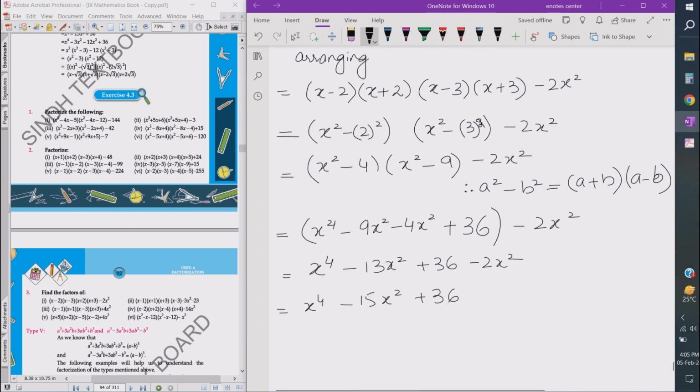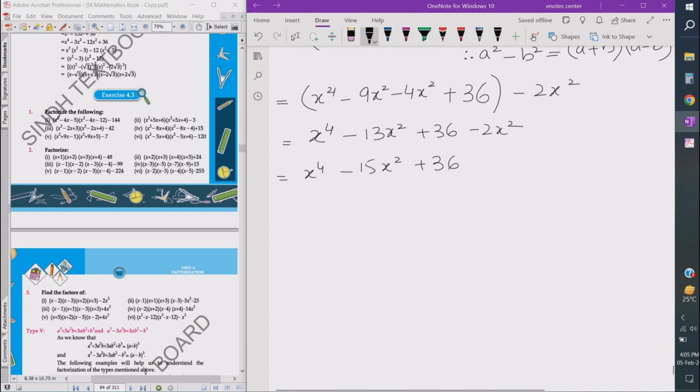Now first we will check whether we have the middle term break method here. 36: if we divide this way, 12 multiplied by 3 gives 36, and 12 plus 3 is 15. So these are the factors of this expression, and the sign is minus here.